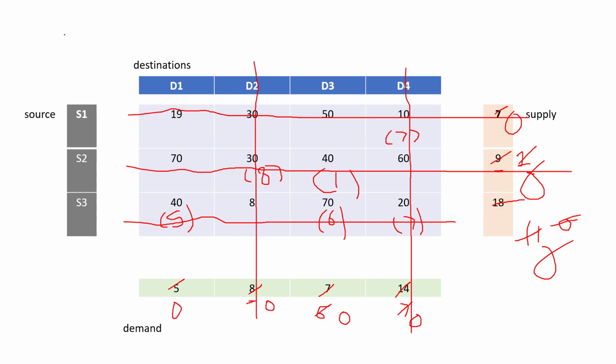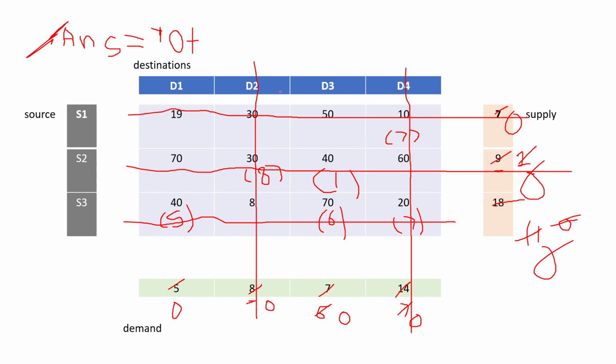So our final answer is, we can see 10. The element cost 10 with allocation of 7. Allocation of 7 means 10 into 7, 70. You can do multiplication on those elements.